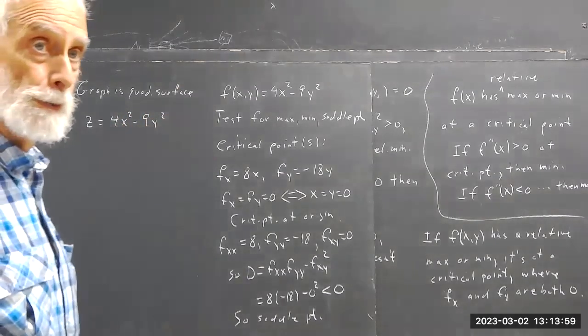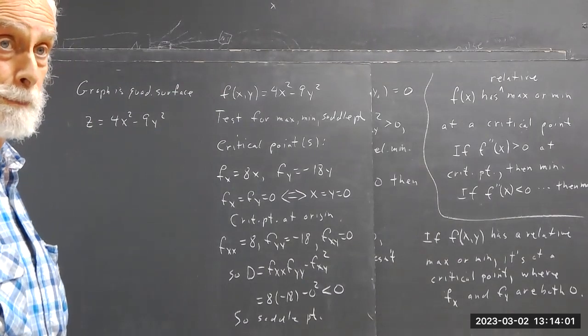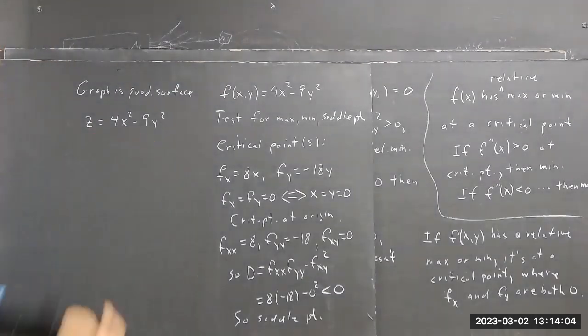Look at it, write z equals 4x squared minus 9y squared. Okay, that's a problem.